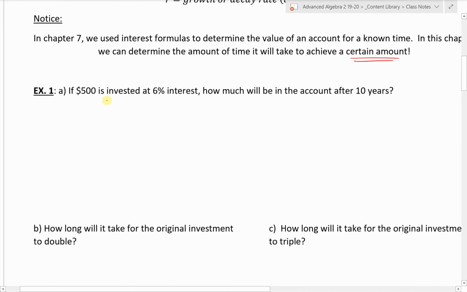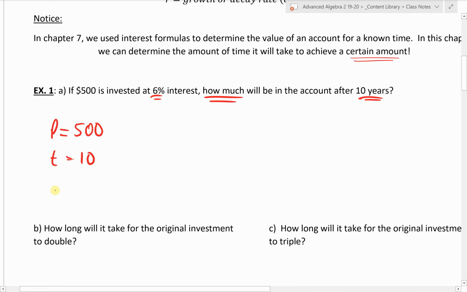In this first example, we're just reminding ourselves how we use the formula. So this is actually much like a chapter 7 problem. It says if $500 is invested at 6%, how much will be in the account after 10 years? How much is chapter 7. That's when we're just plugging it in and evaluating the function. So we know that the principal amount we started with was $500. The amount of time that it's going to be in the account is 10 years.